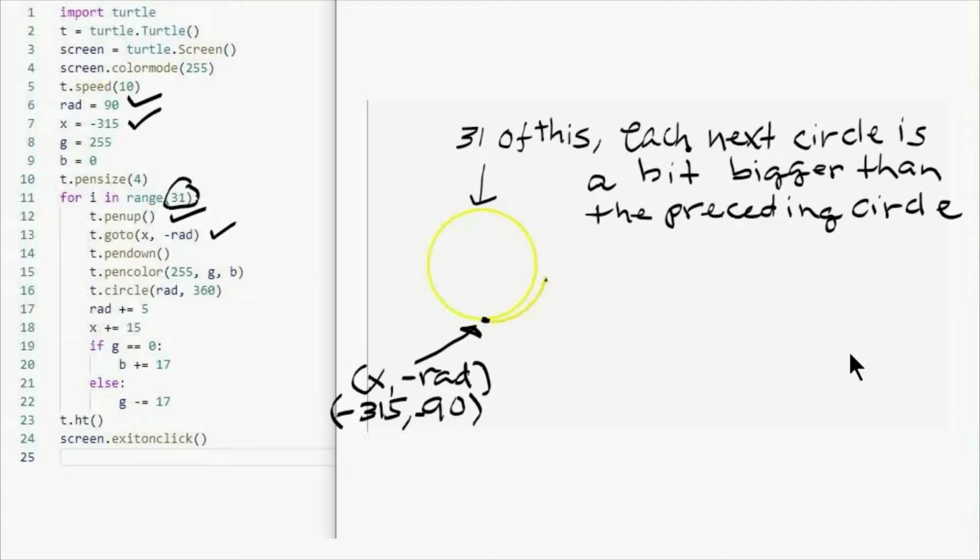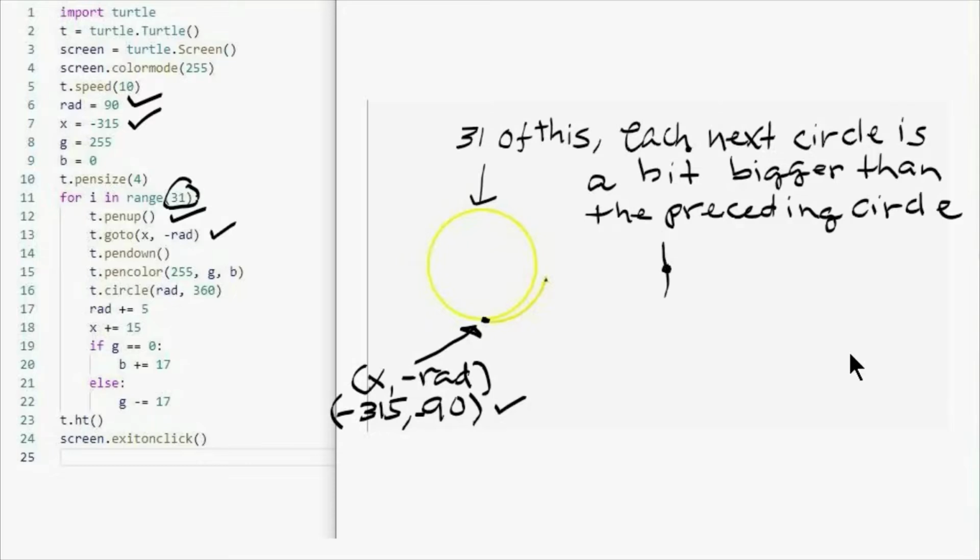As you can see, this point here, negative 315, negative 90, is somewhere on the lower portion of the y-axis. Incidentally, we also have the center of the Cartesian plane here. This is 0, 0.